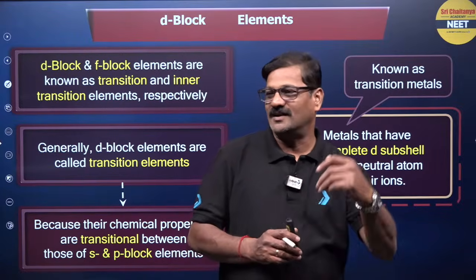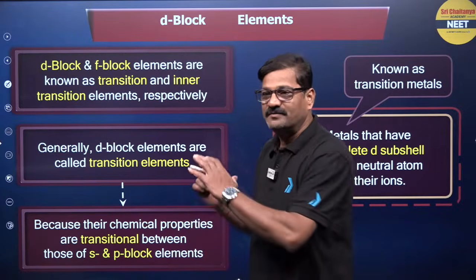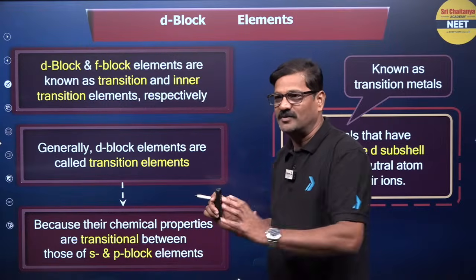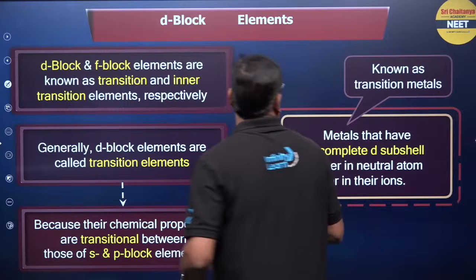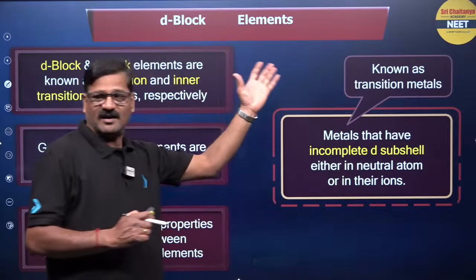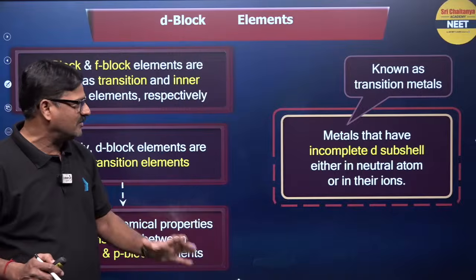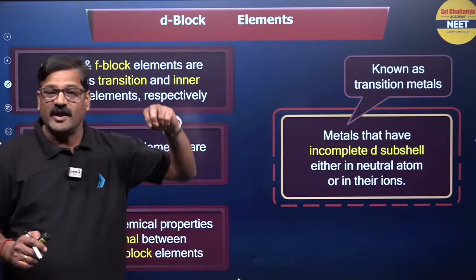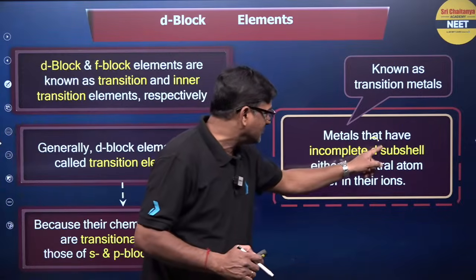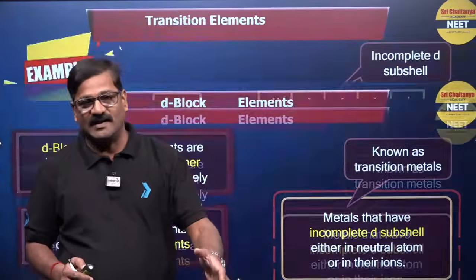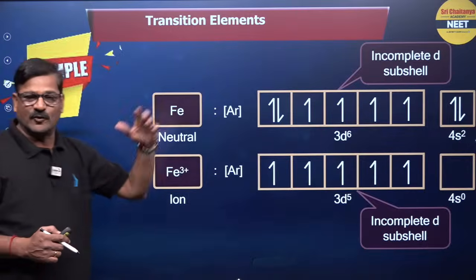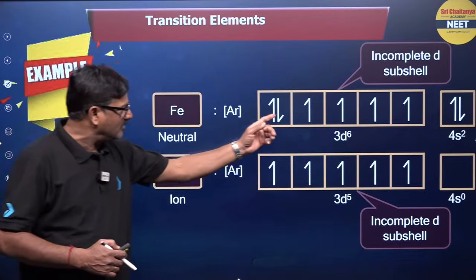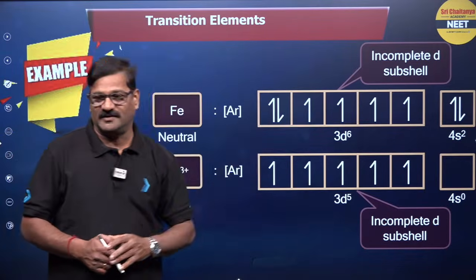I know it personally. Anyway, every D block element is not a transition element. Transition elements are known as transition metals because all of them are metals, metals that have an incomplete D subshell. If you check the electronic configuration of iron, it is 3d6 4s2, so the D orbital is incomplete.